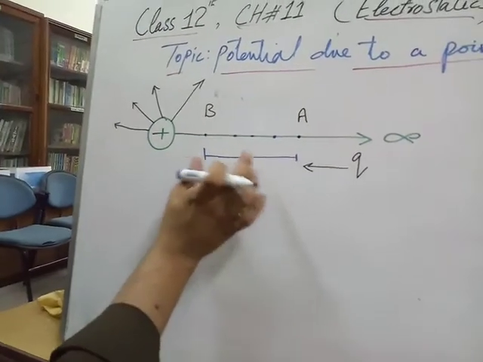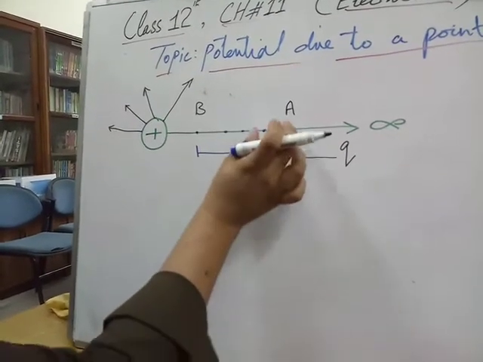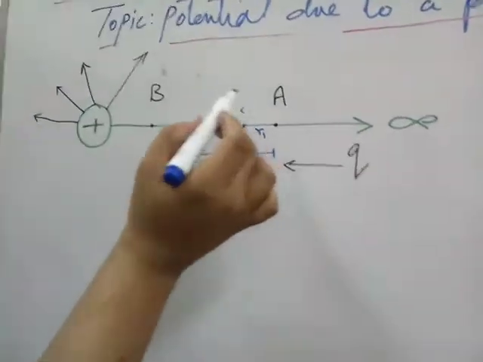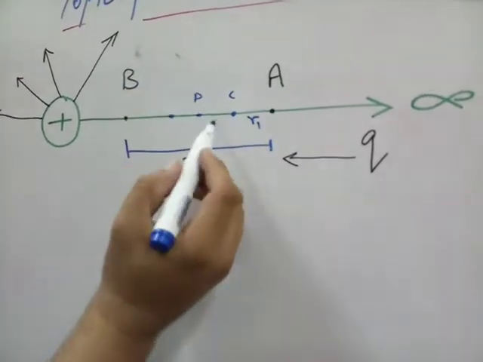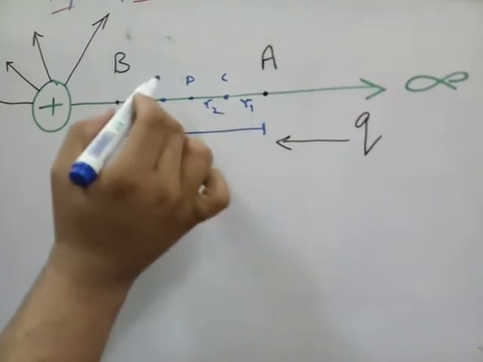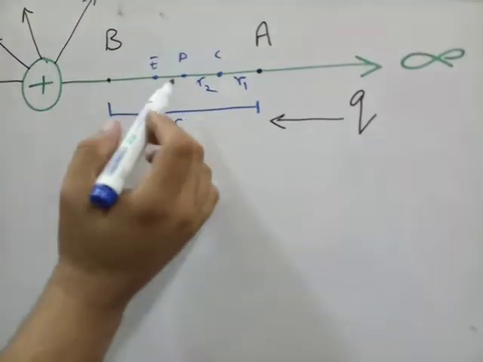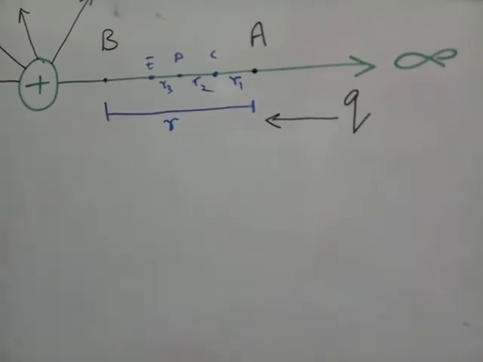If we divide these intervals, this is the first patch, R1, the distance between point C and point D is R2, and this is another point E, and the distance between D and E is R3.